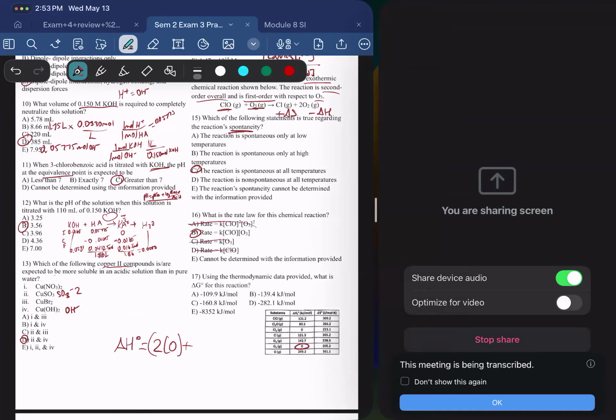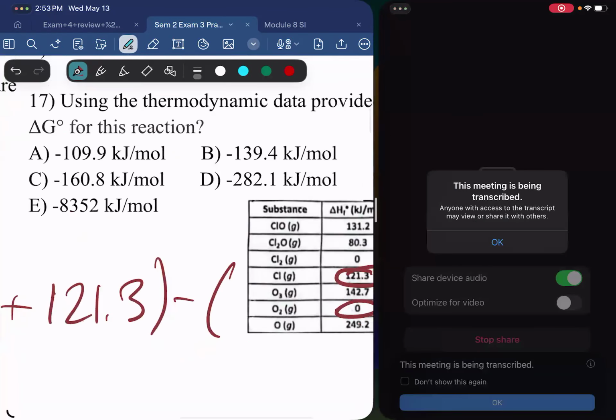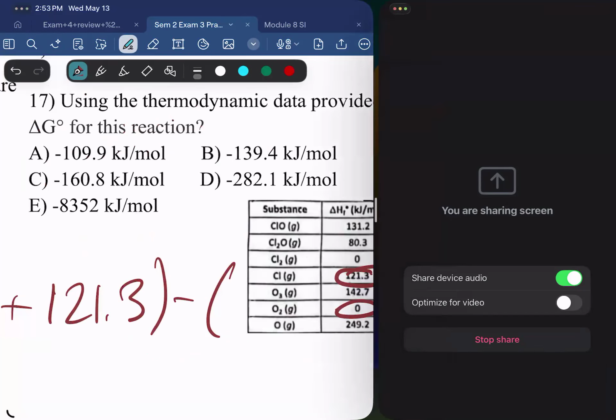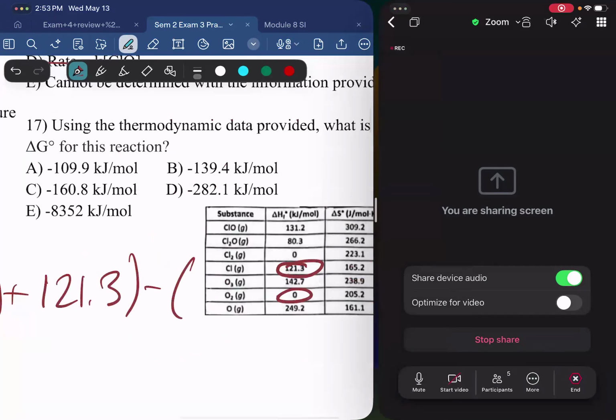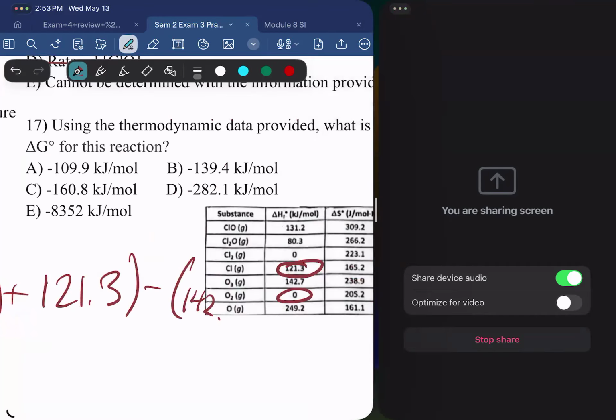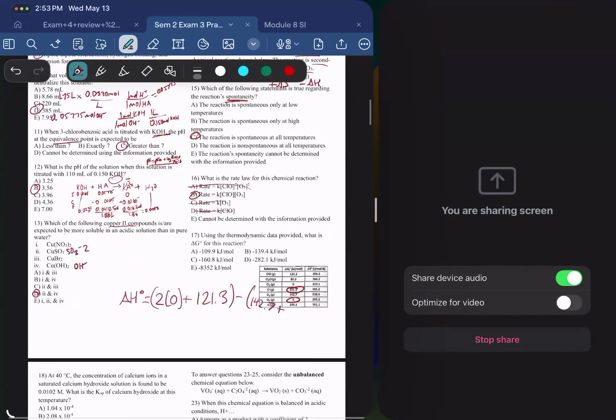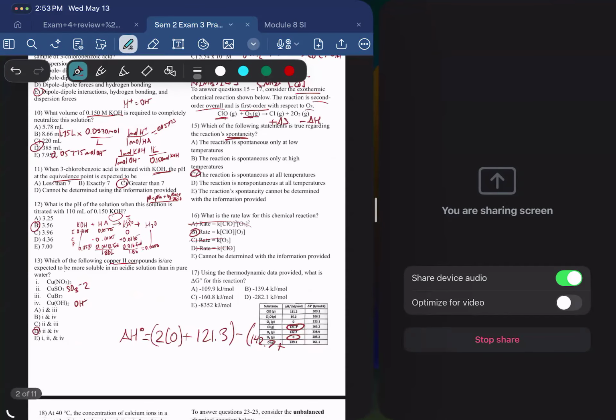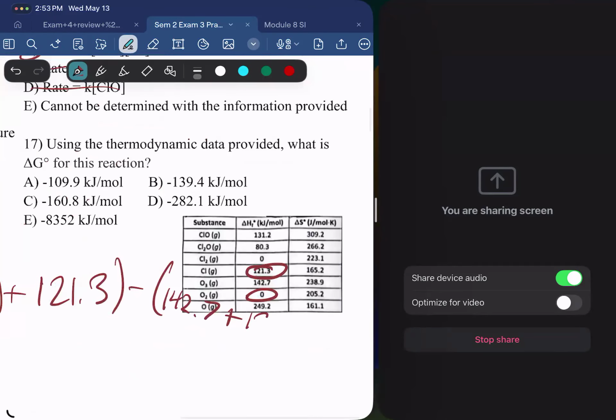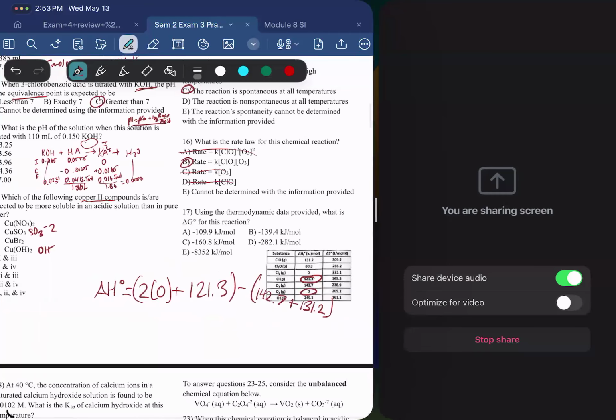So that would be 121.3 minus what is O3. So O3 is 142.7 plus ClO, so 131.2. Okay, so let's do that. So 121.3 minus 142.7 plus 131.2.